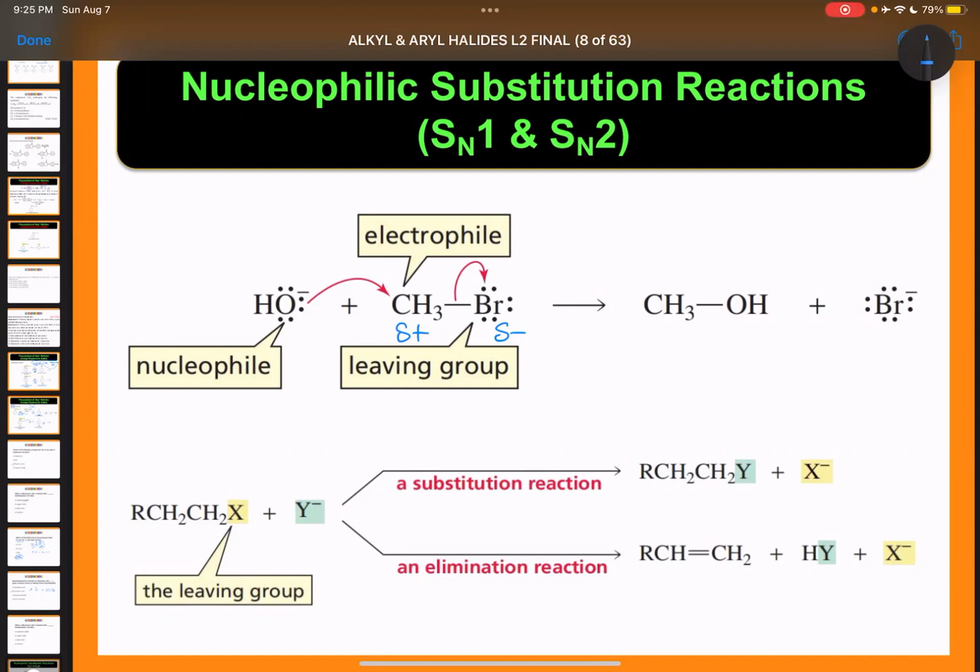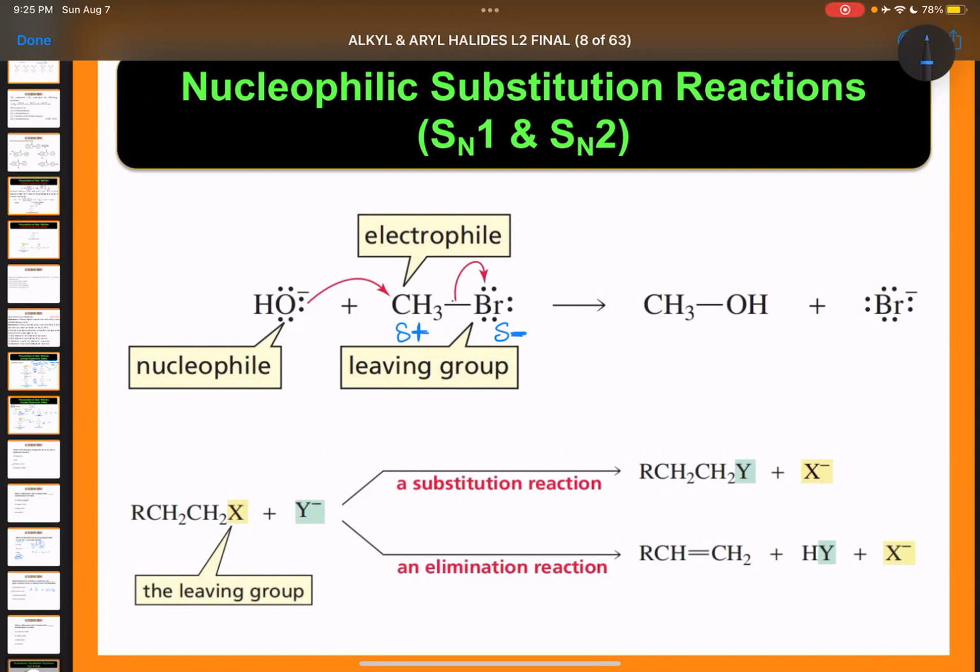Br has more tendency to pull the electron cloud towards itself, so this electron cloud is not in the middle, it is towards Br. So Br will have partial negative charge, as you can see here, and the carbon will have partial positive charge, because of the electronegativity difference between the carbon and halogen.